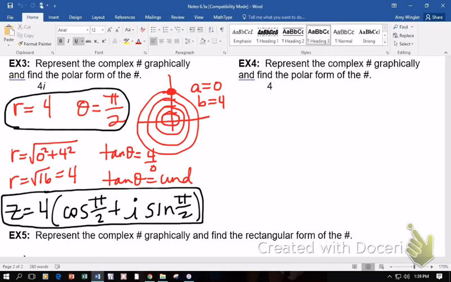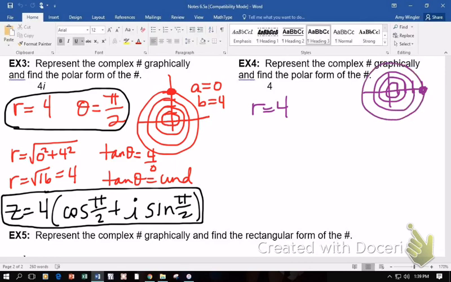Same thing on the next one. So these two examples are your special cases. If you were to graph just the number 4, you would only go over 4 units on the real axis. If you think about the radius of that circle again, it's going to be 4. Because if I drew in all of these circles, the radius of the circle is 4.